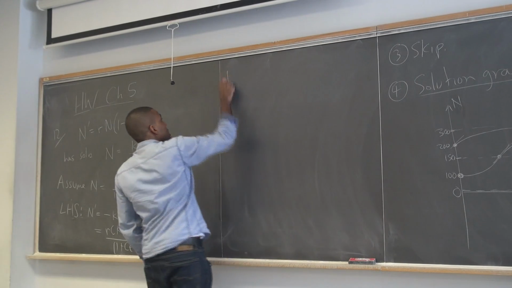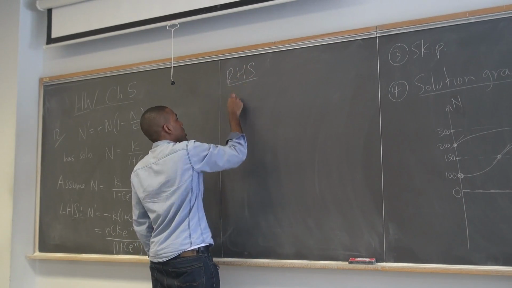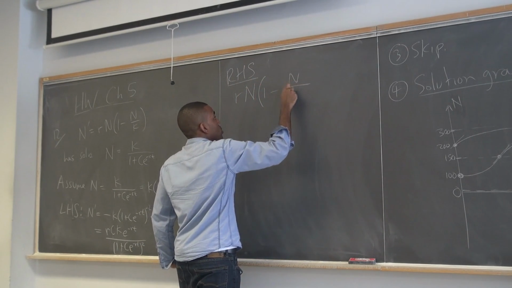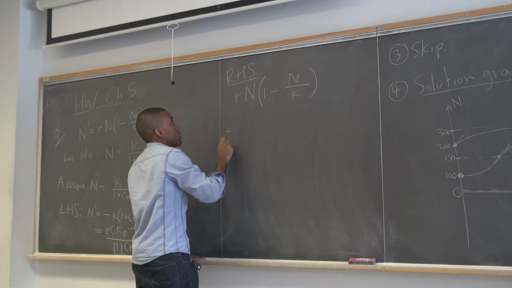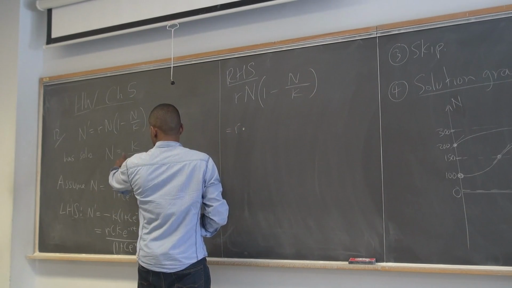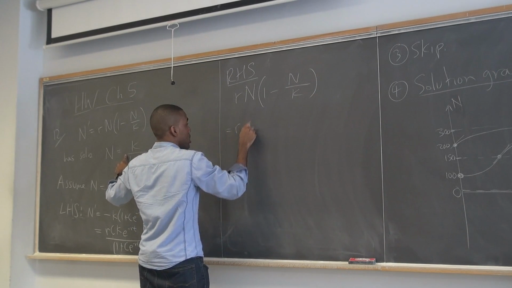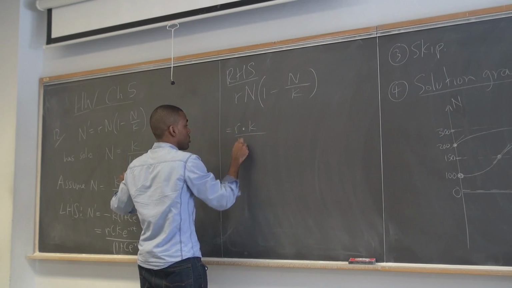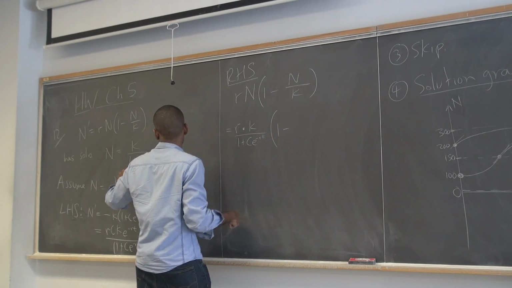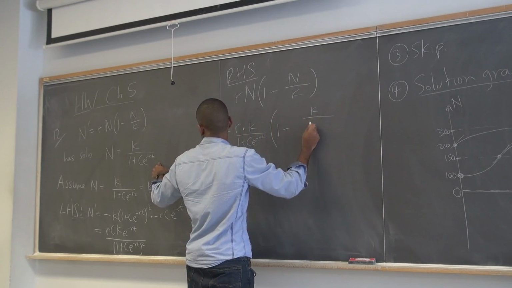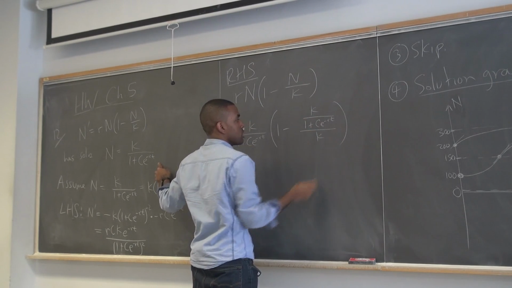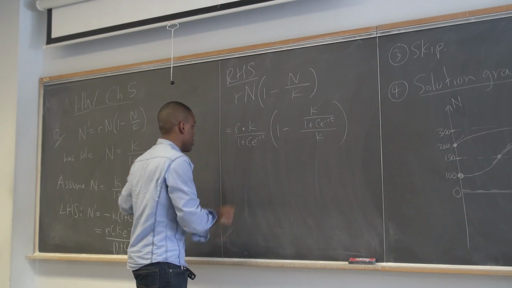And now let's look at the right-hand side. The right-hand side says I have rN times (1 - N/K). So I'm assuming N is this thing. So it's rK over 1 + ce^(-rt) times (1 - K/(1 + ce^(-rt)) all over K). All that's going to happen there is the K's are going to cancel.